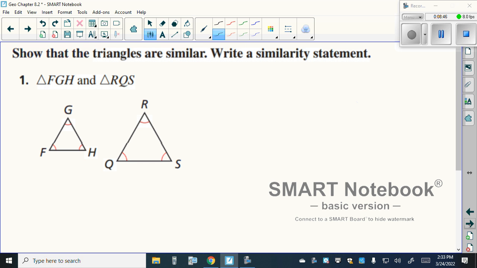Now this next one here is an interesting one. Now we do need two angles that are congruent. So I'll pick F. What angle is angle F congruent to? Any of them, so give me one. Okay.